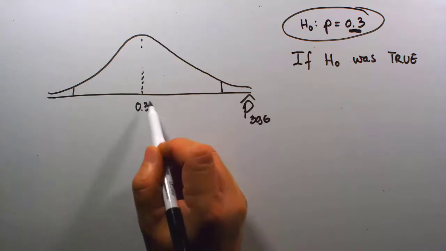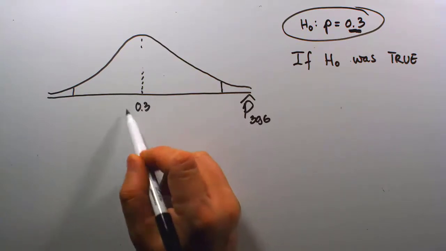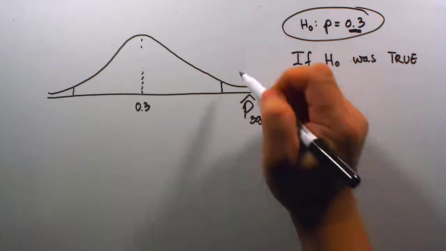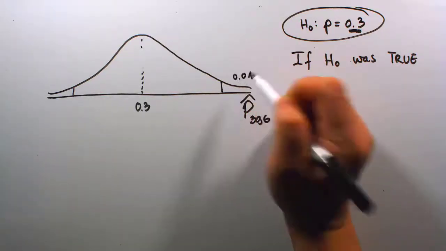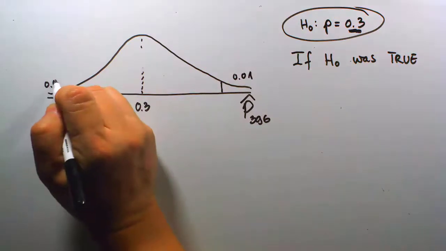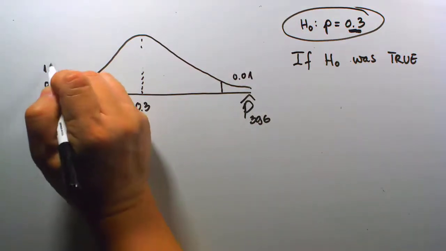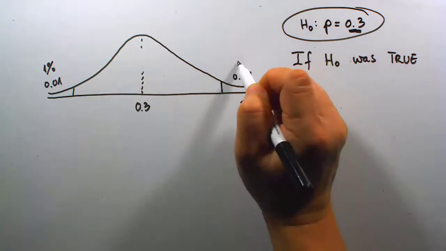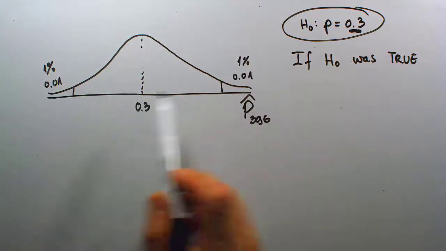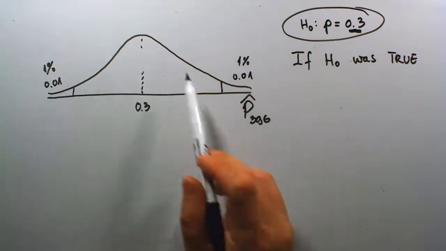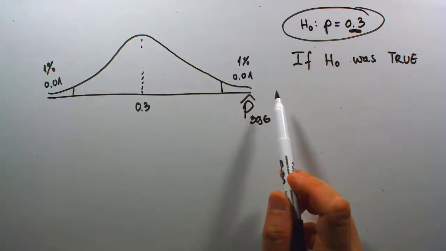And so on this bell curve, if the center truly is what it's claimed to be, then recall that our significance level is only 0.01 here and 0.01 there, or we can think of that as 1% on each tail. That means we can do a quick math here. The entire bell curve area is 1 or 100%.